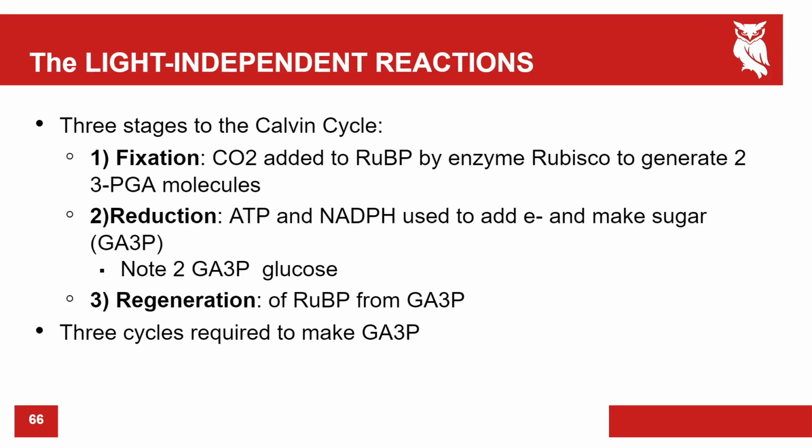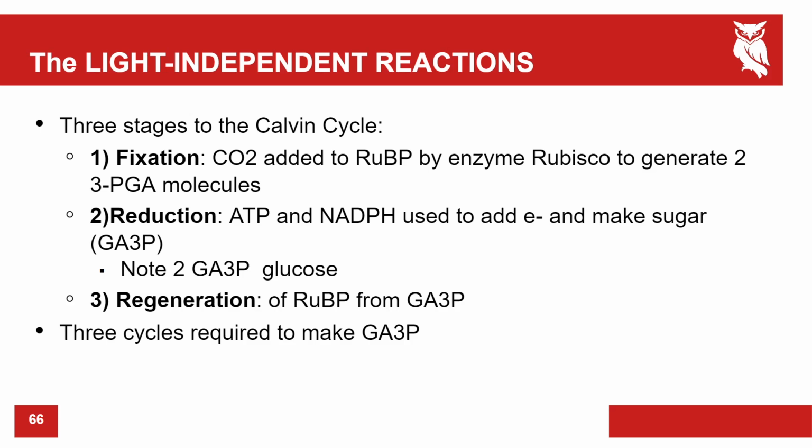That number 3 tells us there's going to be 3 carbons. Stage 2, reduction: ATP and NADPH use the energy to make sugar, or basically a sugar precursor called GA3P. It takes 2 of those to make a glucose, and then the last stage is regeneration of RuBP, so you can continue the cycle again. It takes 3 cycles to make GA3P, because every cycle you're adding 1 carbon dioxide.